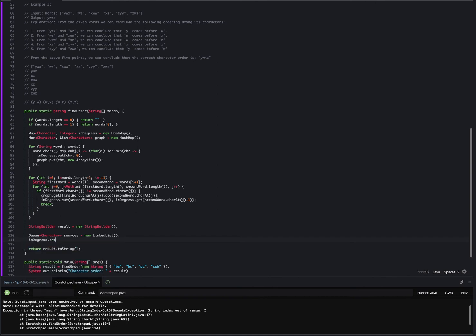Sources are essentially vertices that do not have any in-degrees. And then we're going to start our traversal.